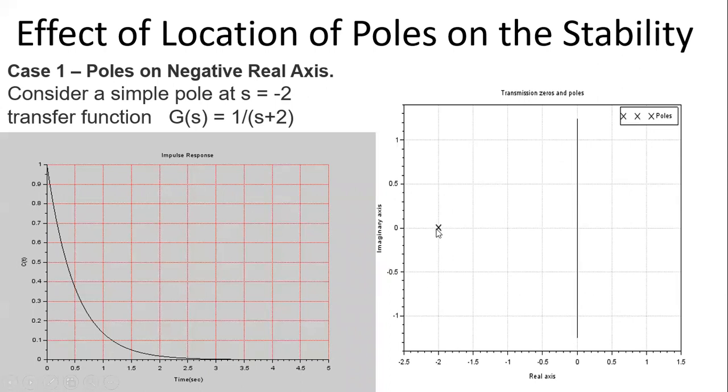In the pole plot and impulse response, you can see that with time the response approaches 0, and the system is stable. So we call this a stable system.